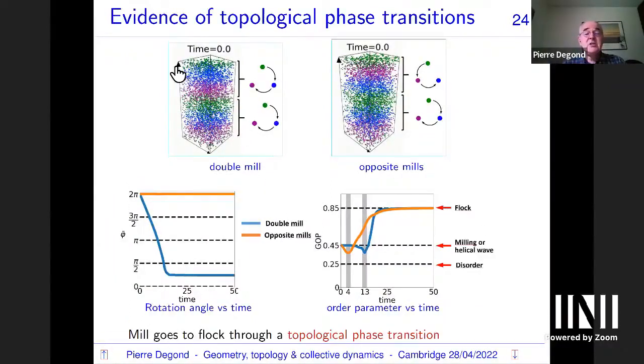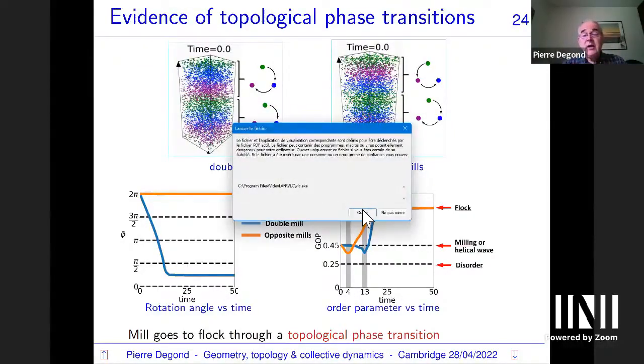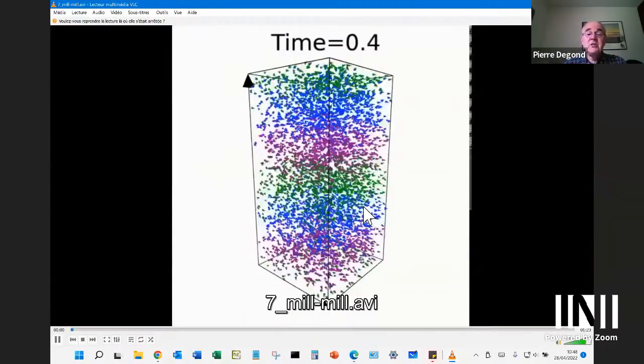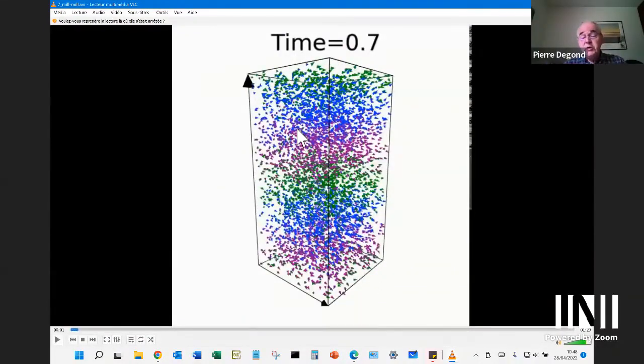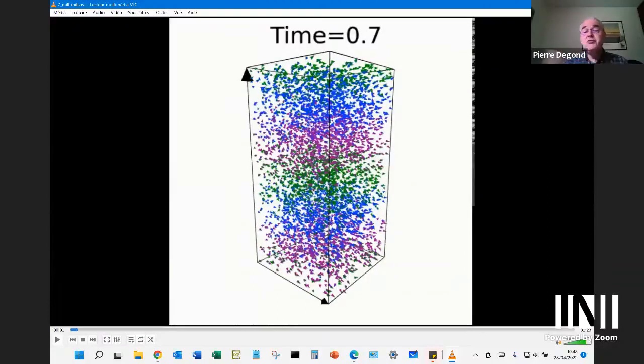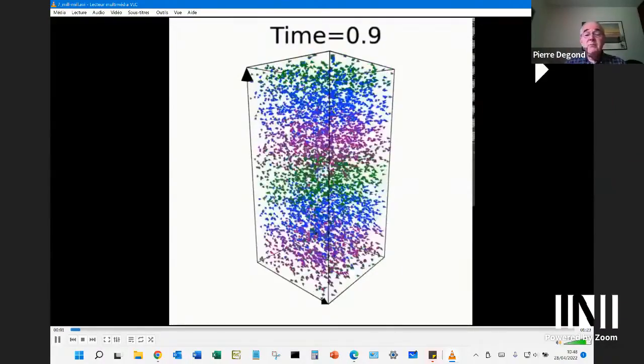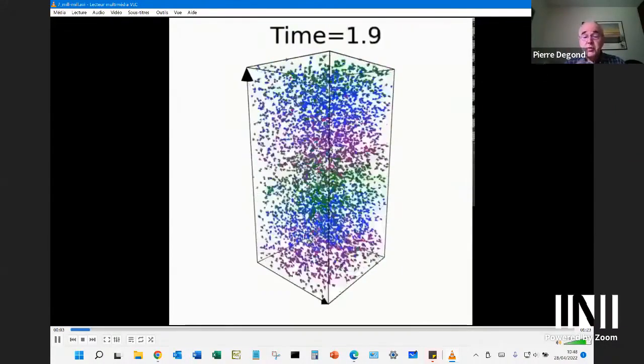In this case, I have pasted two mills, one on top of the other, so that the winding number is 2 instead of 1. I'm going to show you an outcome of the simulation. The particles which are coming from left to right originally are turning, and that's the milling effect, moving towards us.